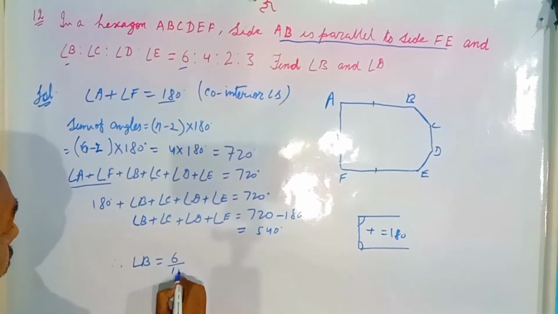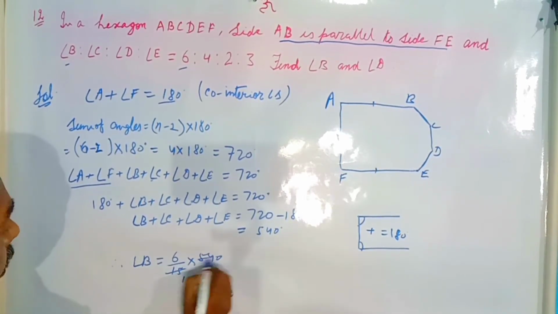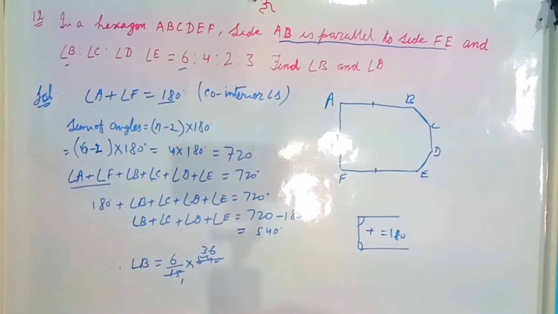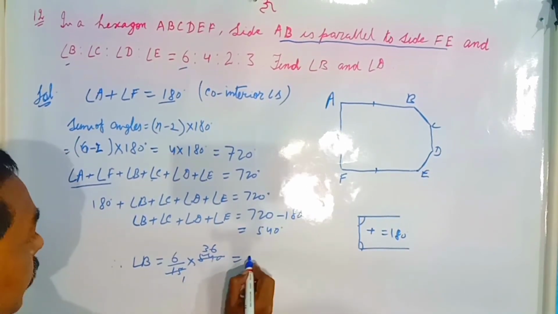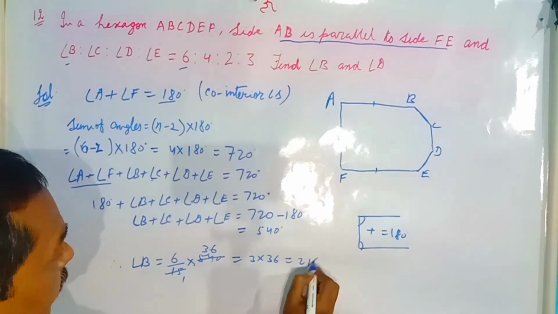So 6 by 15 into 540. Now 15 3s are 45 and 9 6s are 54, means 3 into 36 degrees, that will be 216 degrees.